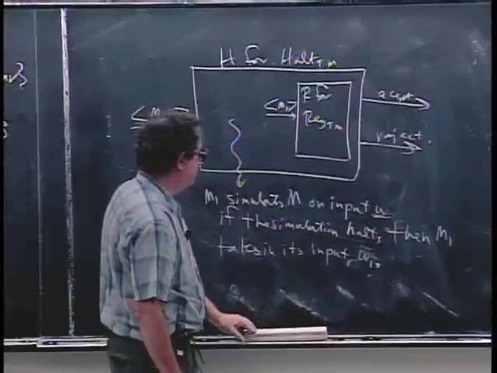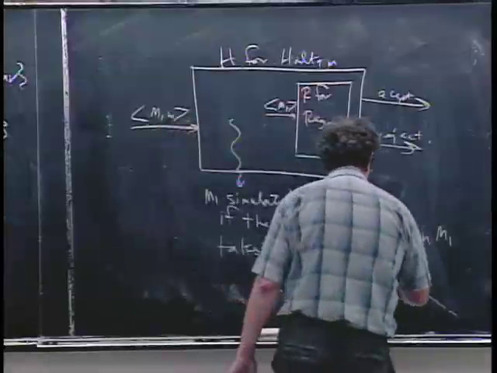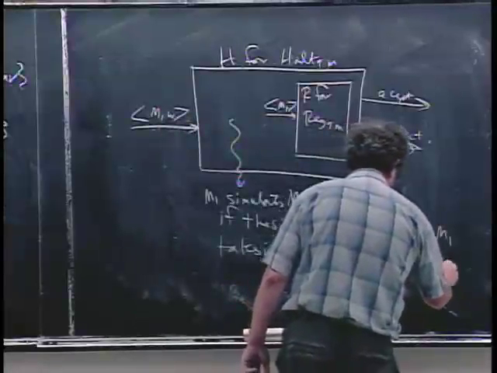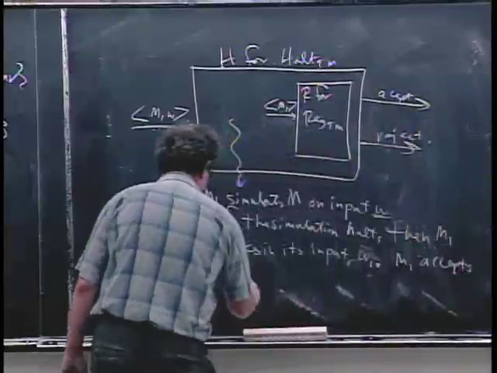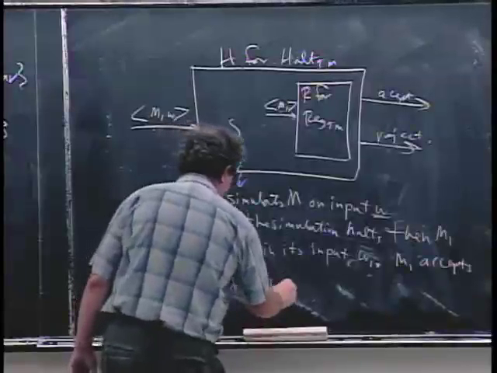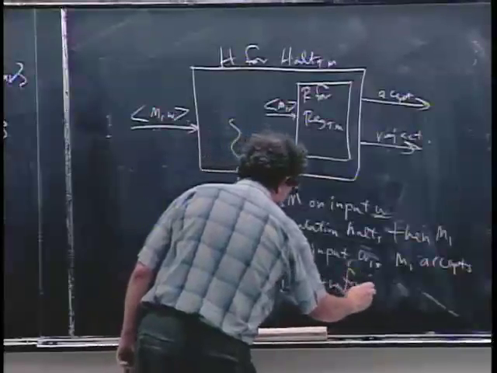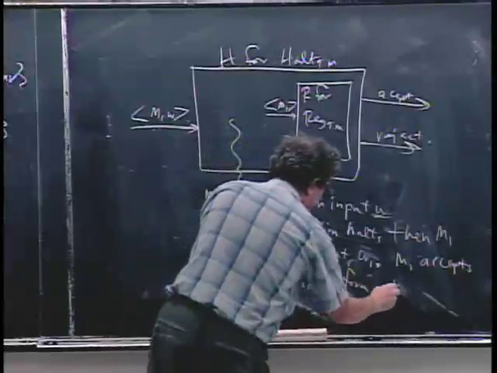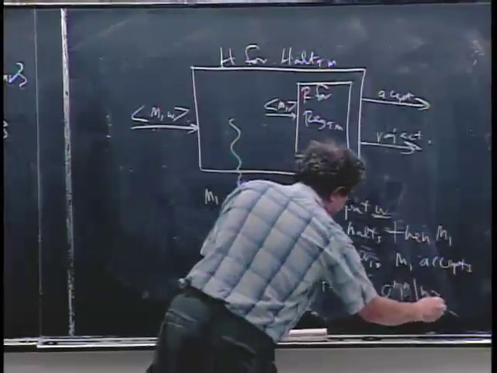Okay. And then M1 accepts if and only if its input W1 is of the form 0^n 1^n, for some n greater than or equal to 1.